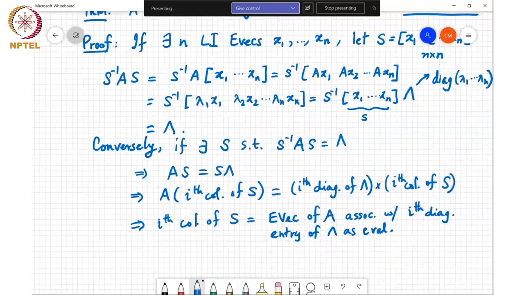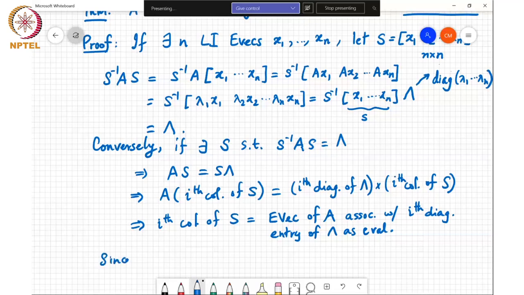Okay, so basically what this means is that the columns of S are essentially eigenvectors of this matrix A, and the diagonal entries of lambda are the eigenvalues of this matrix A. And of course, since by definition, if A is similar to a diagonal matrix, this S is a non-singular matrix.